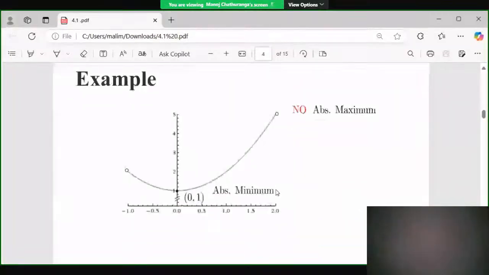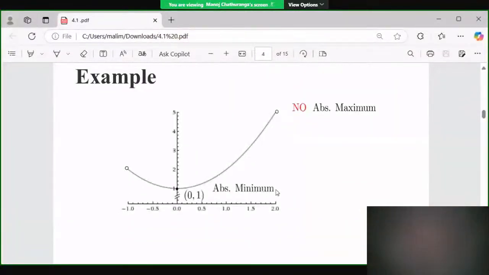Now let's think about the open interval from -1 to 2. In that case, we still have a very similar graph, but there is a very significant difference too. Now we don't have these endpoints, because 2 is no longer in the domain. Any number below 2 will be in the domain.